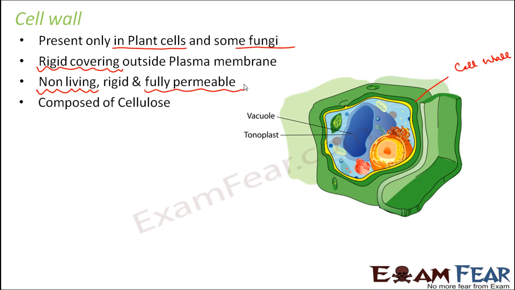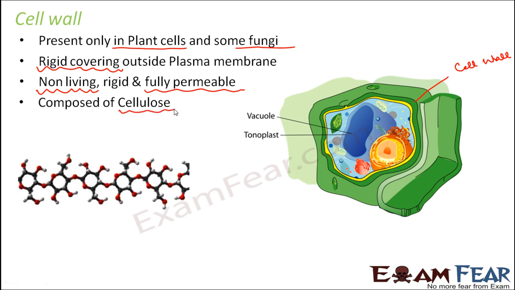Talking about the composition, it is composed mainly of cellulose, which makes it hard and tough. So this is how cellulose looks. What is cellulose? It is basically an organic compound with a quite complex structure, as you can see here. It is nothing but a linear chain of several linked glucose units. I mean, when too many glucose units get connected to each other, they give rise to cellulose.